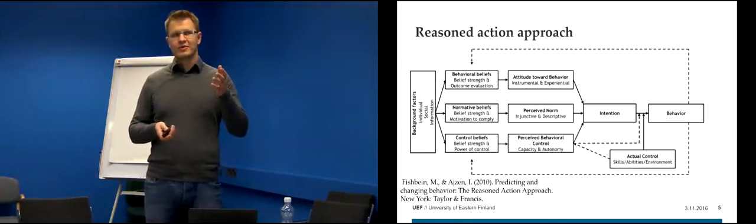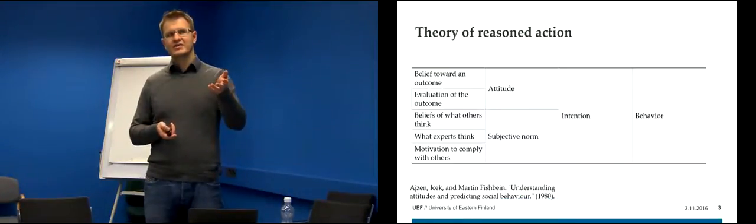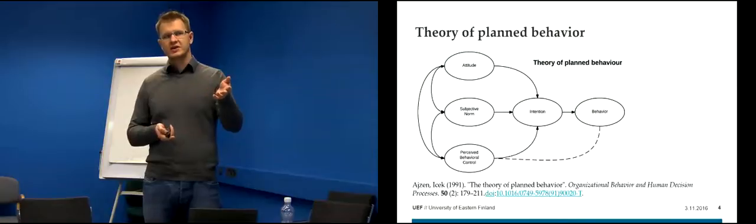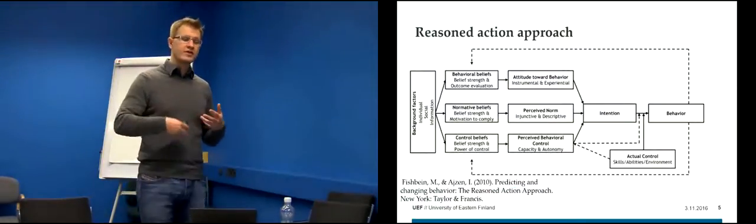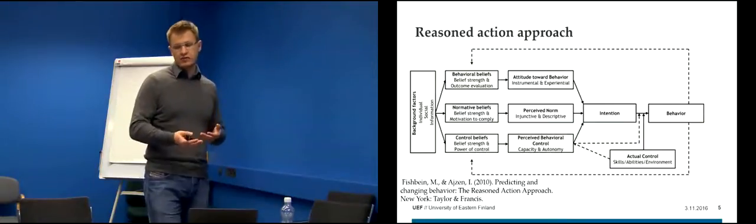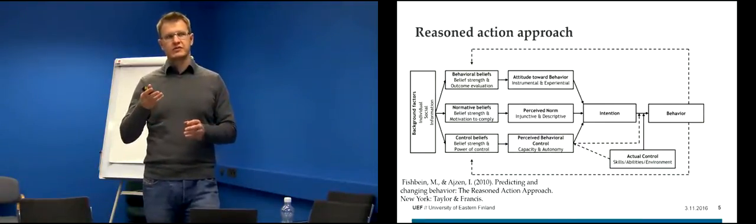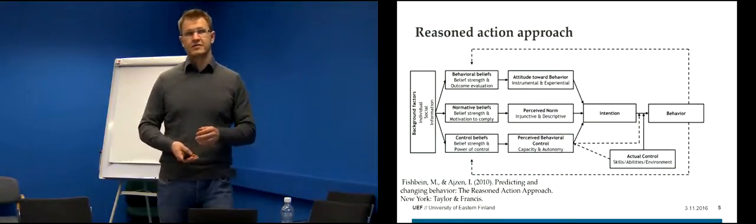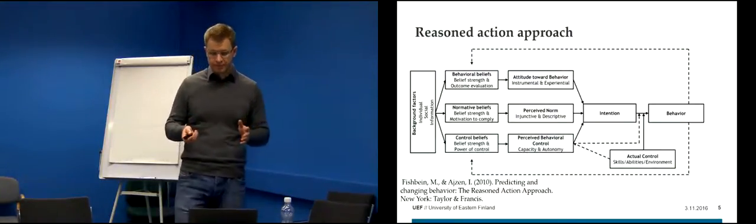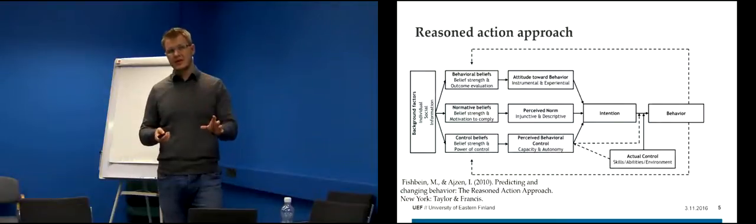Because, as you can see from the names, theory of reasoned action, planned behavior, reasoned action approach, all these models assume that our actions are reasoned, they are logical, they are planned, but that's definitely not the case. So they have their limitations.